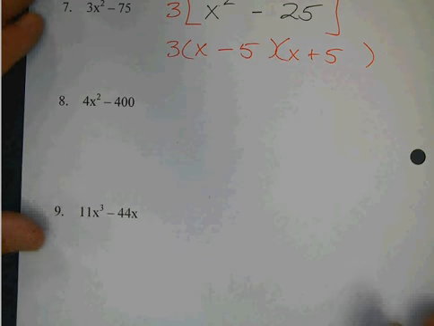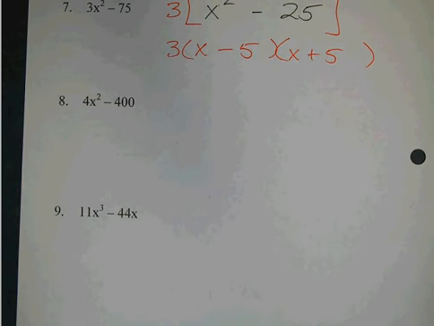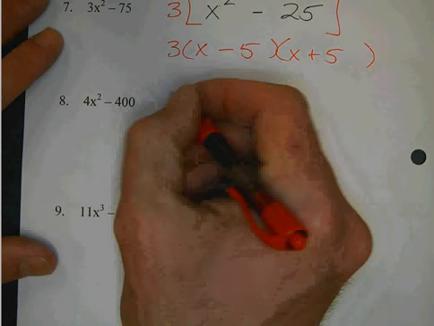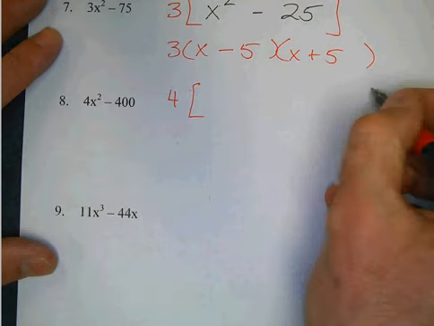All right. Now, number 8 I put on there because it's a little bit special. 4 and 400 are both perfect squares, but we always look for a GCF first. Between 4 and 400, our GCF is 4. Now it's interesting that on all of these problems the GCF was exactly what the front number was. Is that always going to be the case? No. But in this couple, it was. All right, so we take out a 4. Tara or Katie, can you take that 4 out for me?